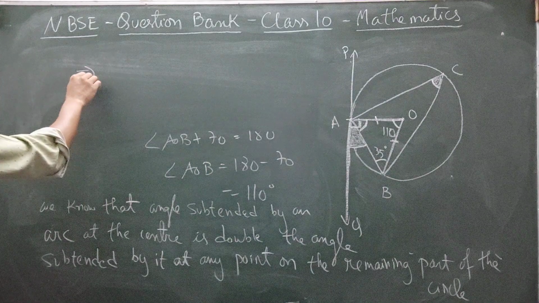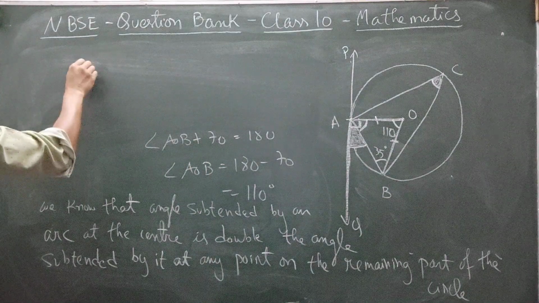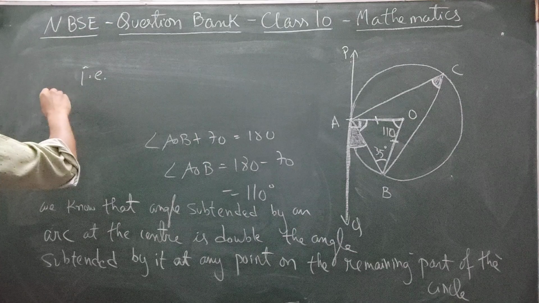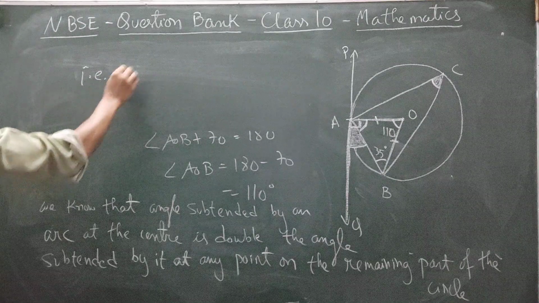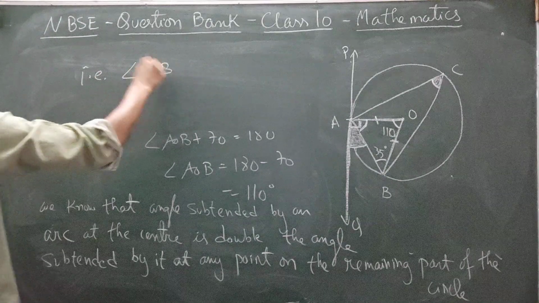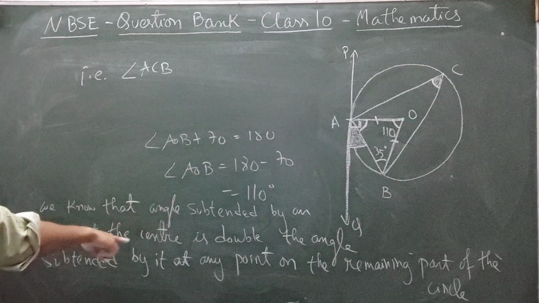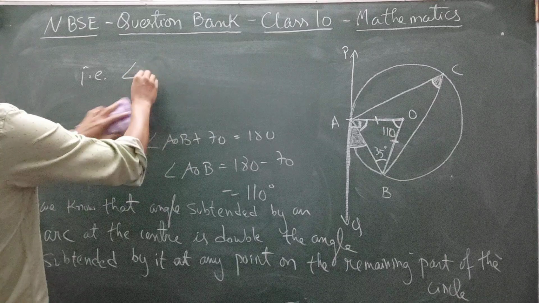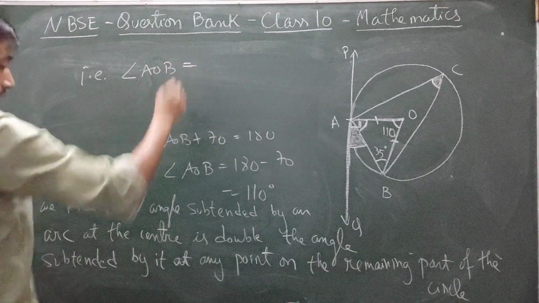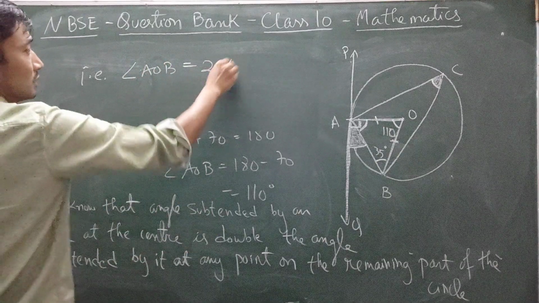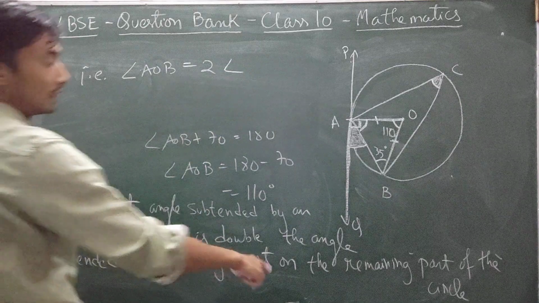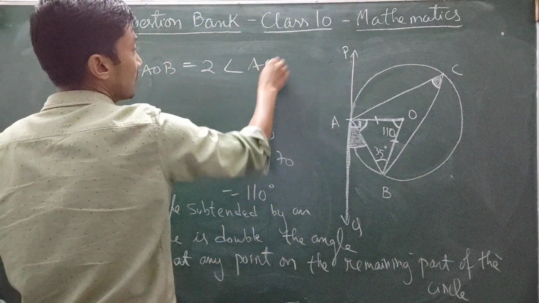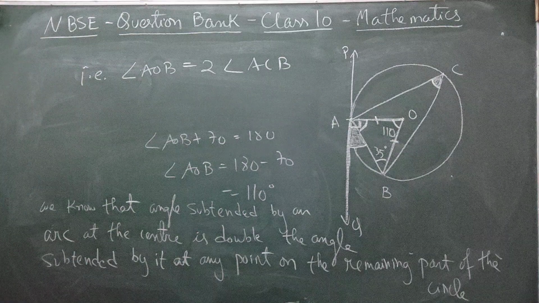That is, angle AOB, subtended by the arc at the center, is double the angle subtended by it at any point on the remaining part, double of angle ACB.